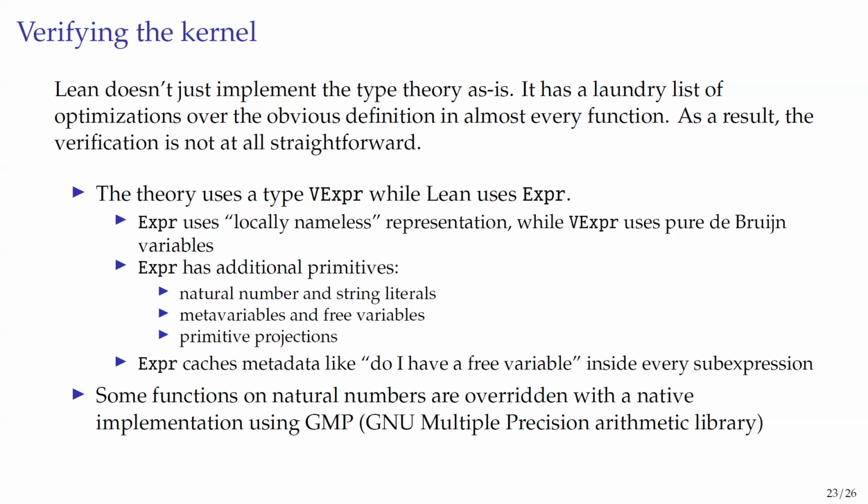And it also has metavariables and free variables, which mostly don't matter, but the free variables are handled in the kernel, and primitive projections, which actually cause a lot of problems.